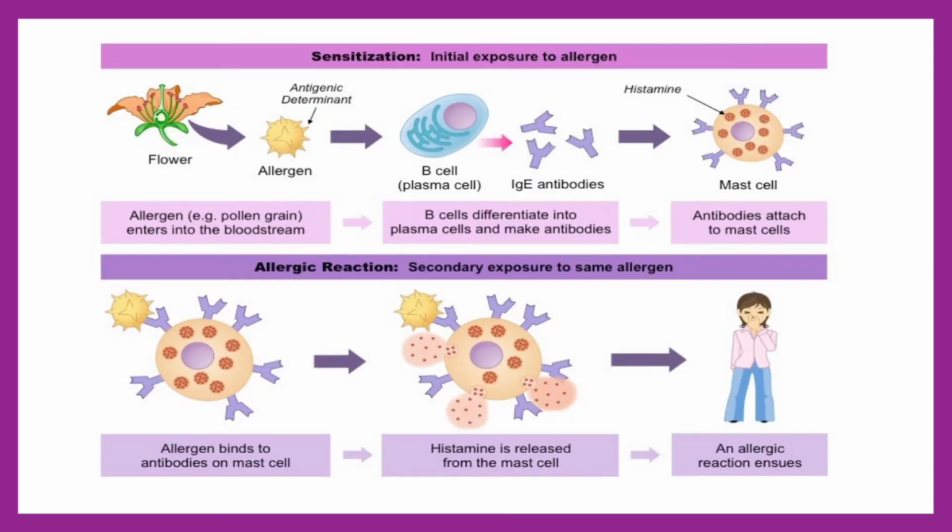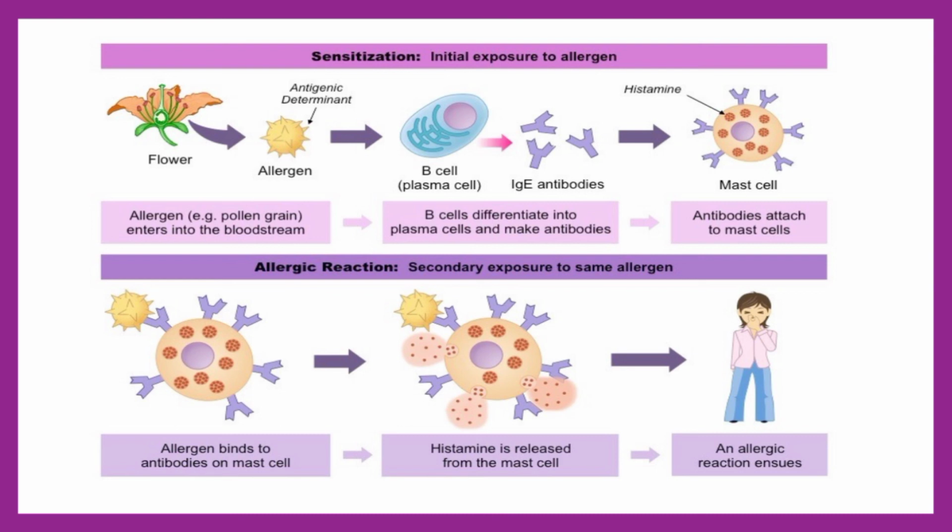Now here you can see how histamine is released and how allergy is produced, and how antihistaminics are treating. So this is the mechanism of allergy, like in response to allergen antibodies are produced, okay. Histamine is produced from the mast cell. Now how it is responsible for allergy production, we will see.